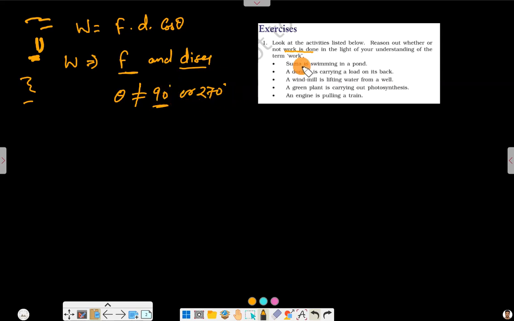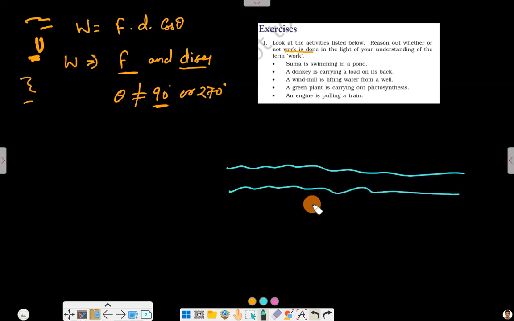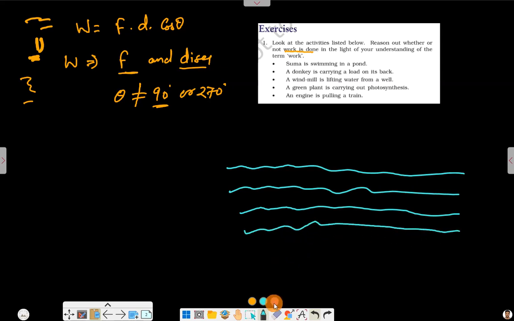So here Suma is swimming in a pond. Suppose this is a pond, suppose this is water, this is a stream of water. And suppose this is a person who is swimming in a forward direction.